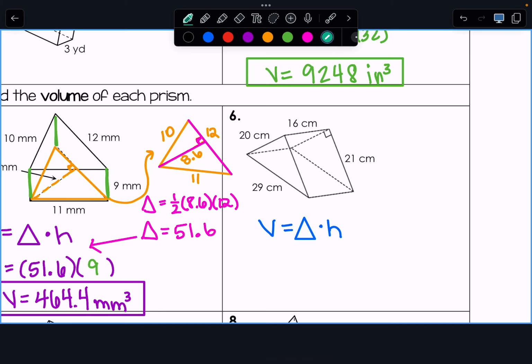Okay, so I'm going to trace this triangle right here because that's the triangle I see the box for the 90-degree angle. Okay, and then I'm going to come over here and I'm going to redraw it.